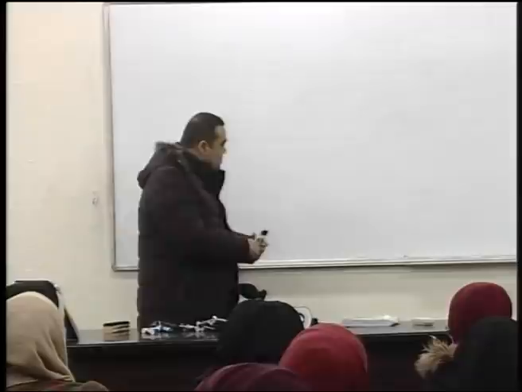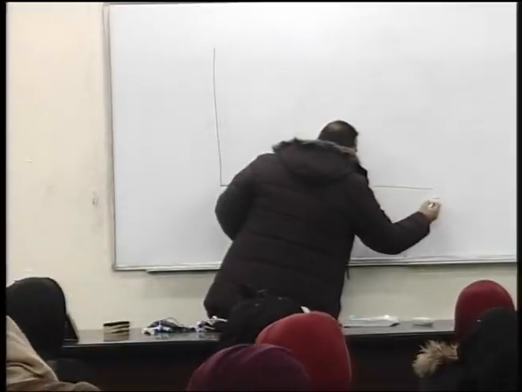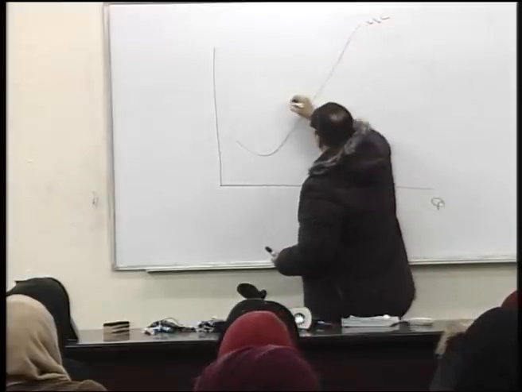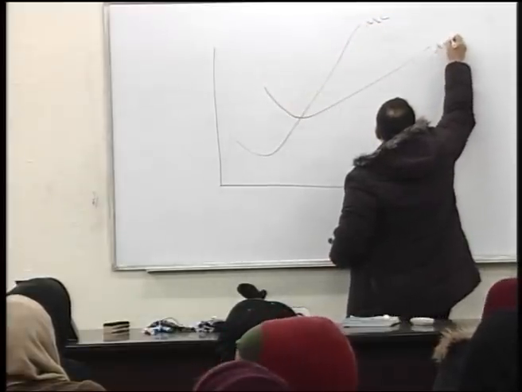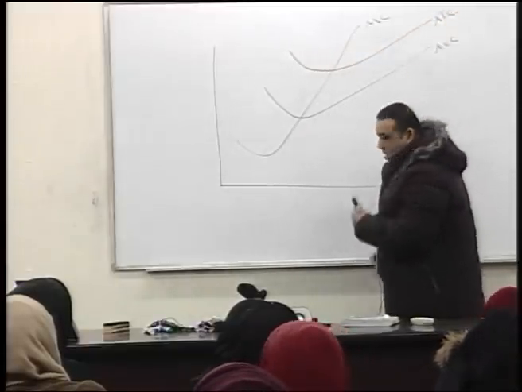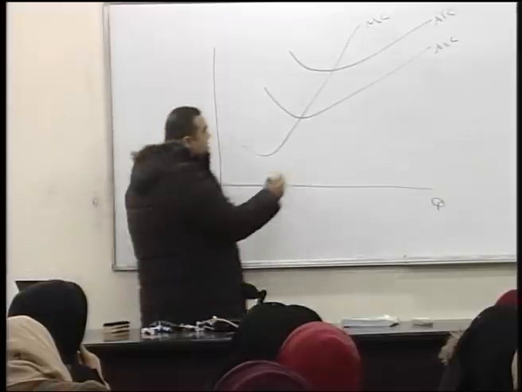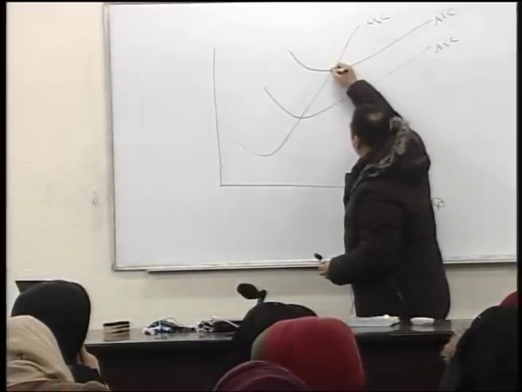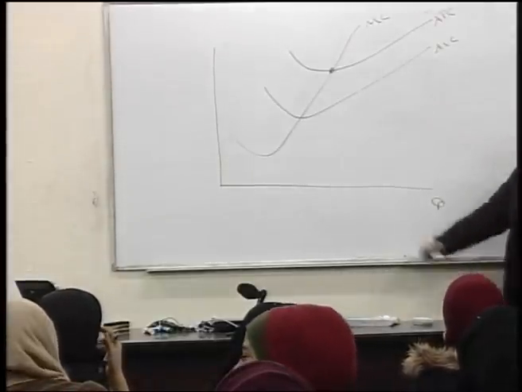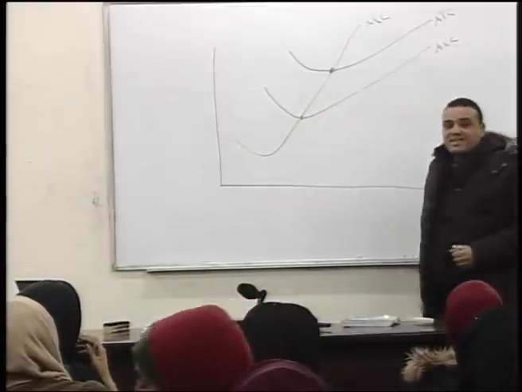And we said that MC, AVC, ATC. We said that the break-even point is the minimum point at ATC, because this is the break-even point, and this point, the minimum AVC, is the shutdown point.